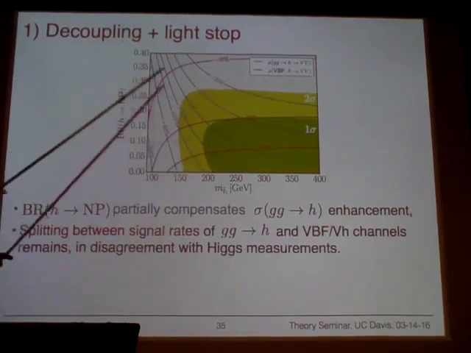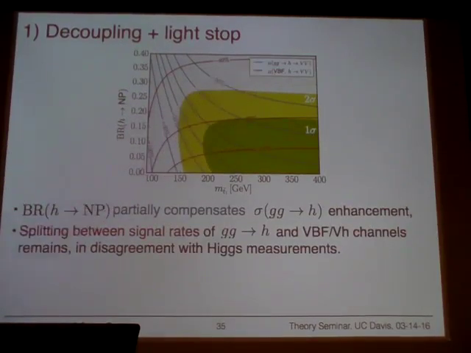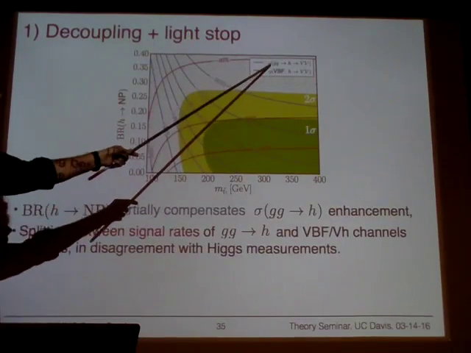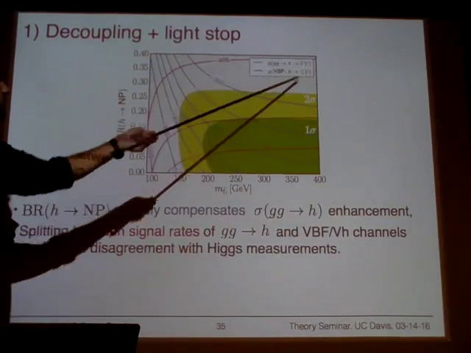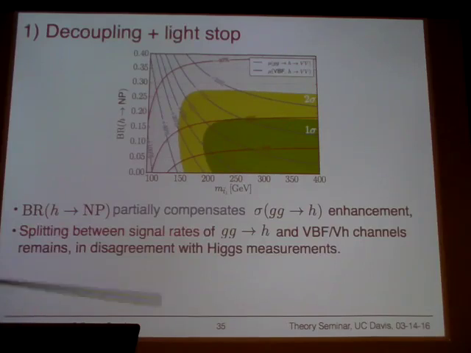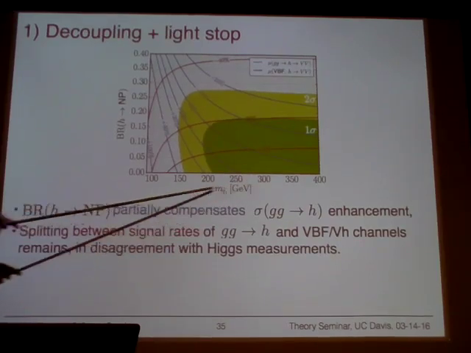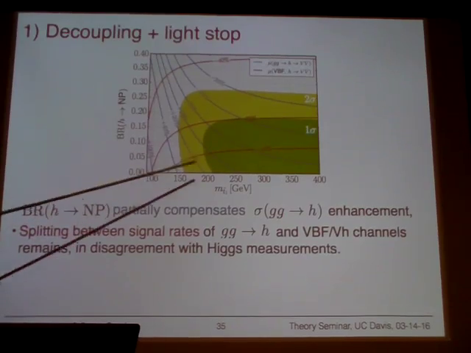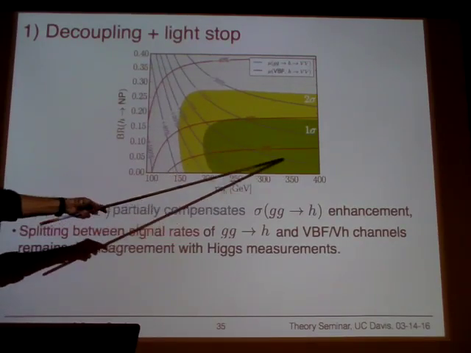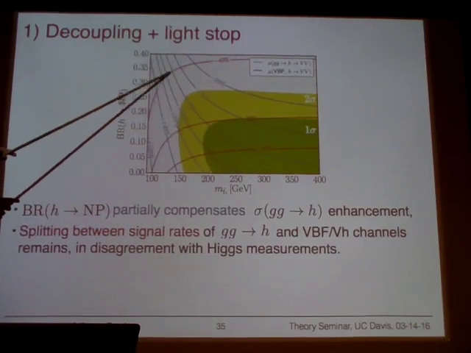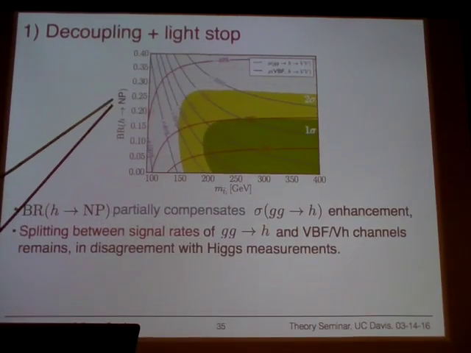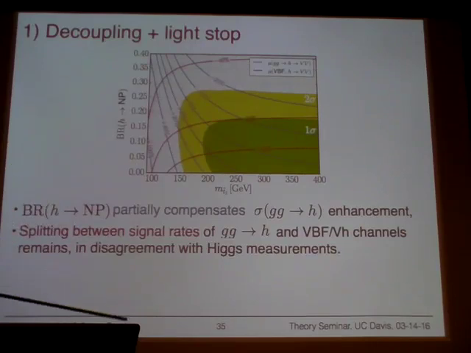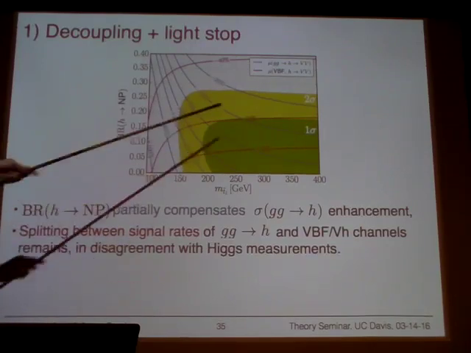The contour lines give you an impression of how the signal rates behave. For instance, this first one is gluon fusion Higgs production and then decay to vector bosons. As I said, if you go to lighter and lighter stop masses, the rate goes up. So in order to stay at the standard model signal strength here, you also have to increase the new physics decay mode, which suppresses the decay rates to this standard model final state.